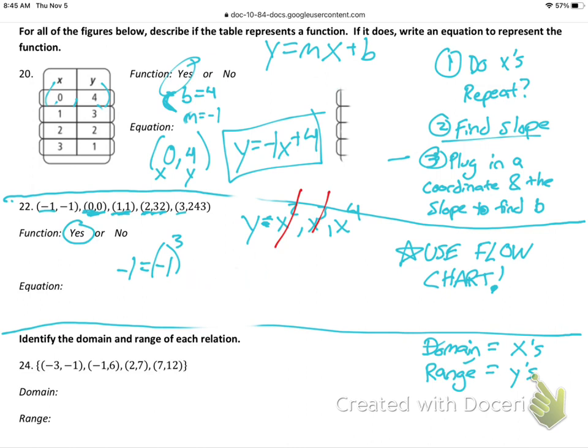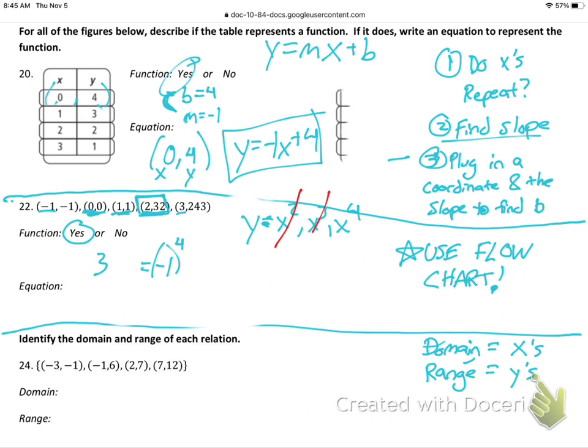Trying this one more time. Let's see if it's x to the fourth. So let's see if -1 is equal to, not -1. It shouldn't be -1. We're on this one right here.